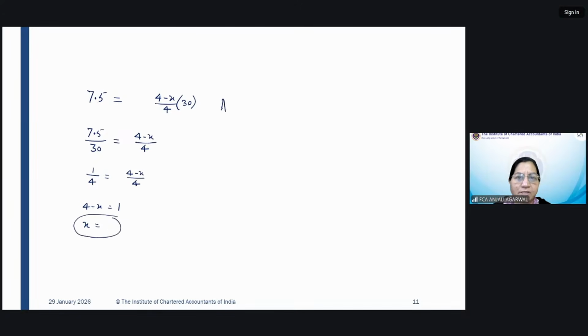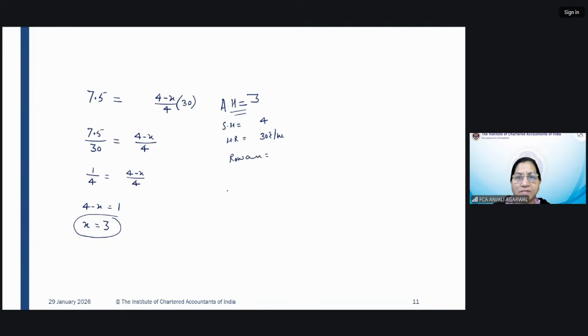So let's work backwards. That means actual hours taken are 3. So when 3 hours are taken, think about it. Actual hours 3, standard hours 4, hourly rate 30 rupee per hour, and the person is under Rowan plan.